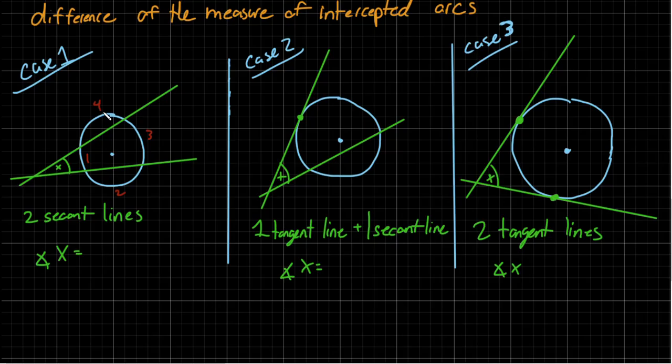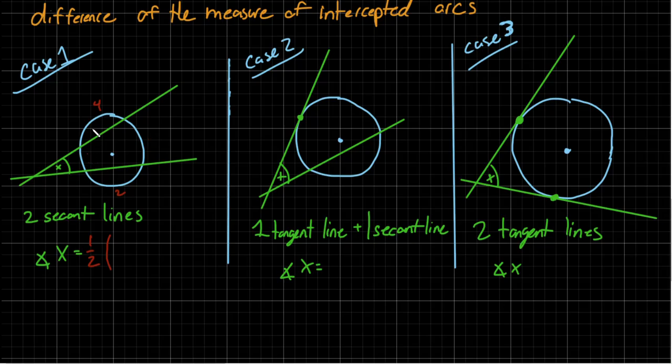Which ones are inside the angle? So inside of these 2 lines, 1 and 3. Our equation said we want the difference of them. So difference is subtracting. We're not going to call them 1 and 3. We're going to call them A and B.